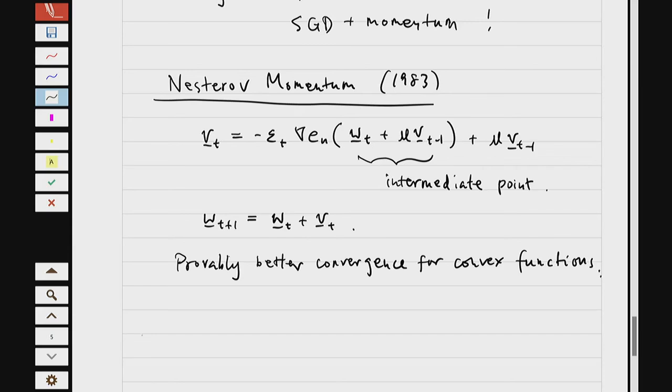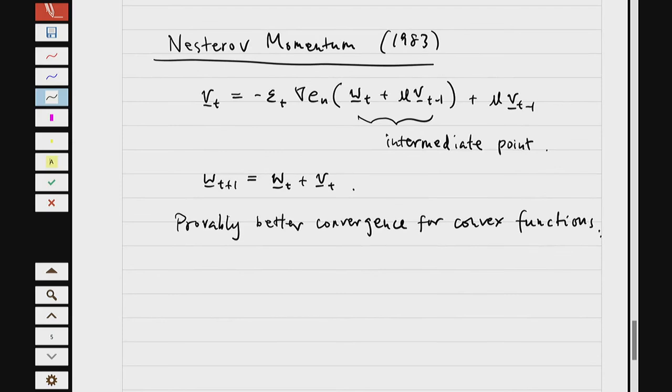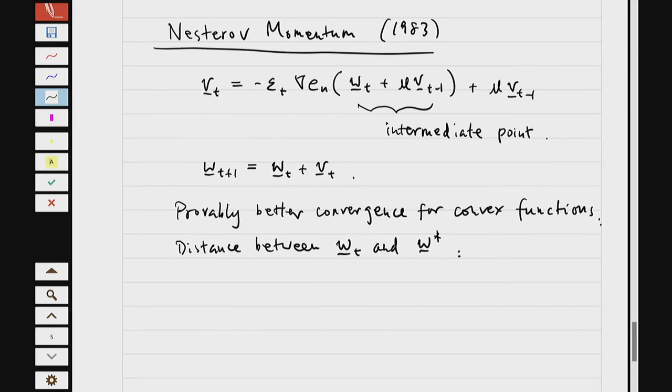So basically you measure the distance between Wt and W star, the optimal point. And usually this distance will be measured by the Euclidean distance, the 2 norm between these 2 points.